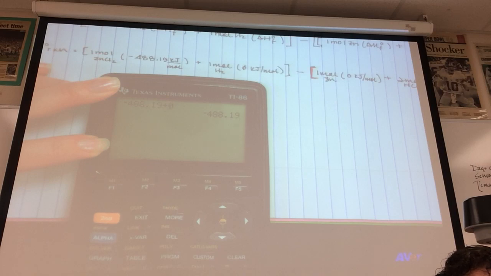Then I subtract open parentheses, 1 times 0 is 0, plus 2 times negative 92.307 close equals.